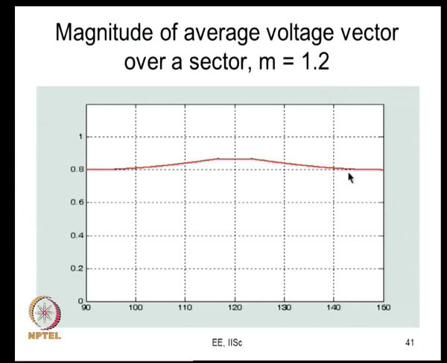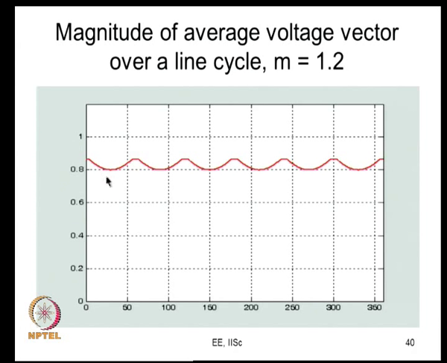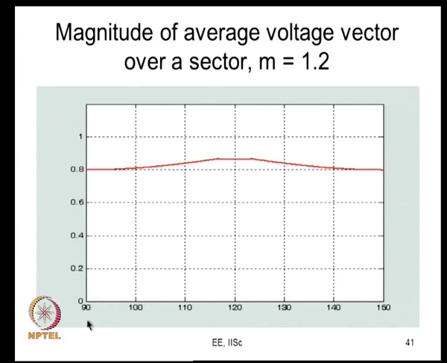Alright. So, now this is periodic over every sector. So, it is enough we are going to look at one sector. So, we are going to look at this 90 to 150 degrees, which is what we call sector 1. So, this corresponds to the positive peak of R phase, and this corresponds to the negative peak of B phase, and here we find that this is how it goes. Alright. Okay. So, this is the magnitude of the average voltage vector over a sector now.